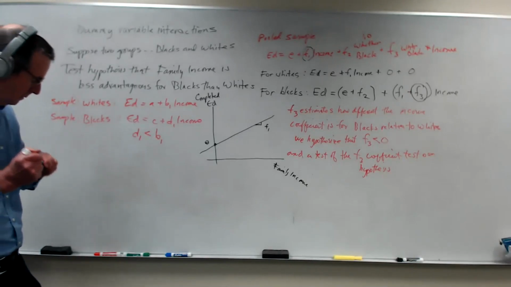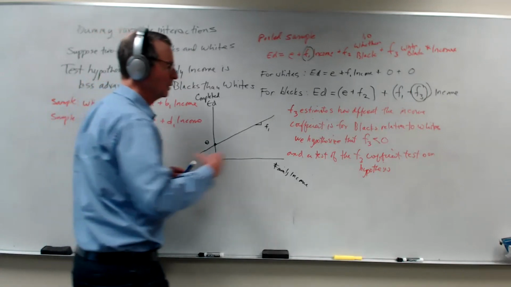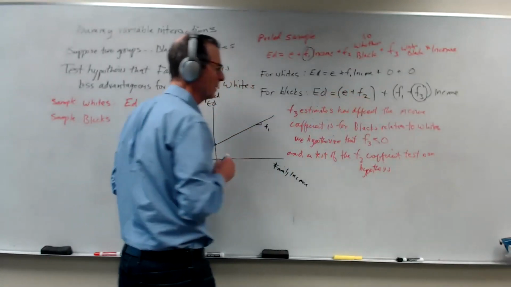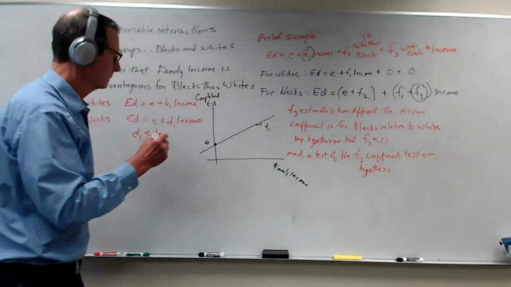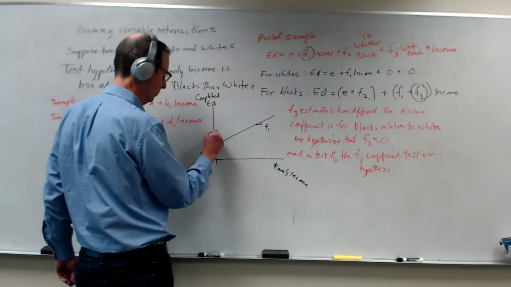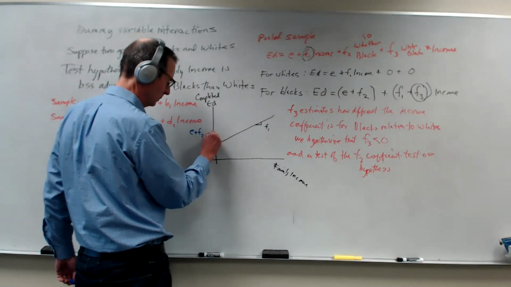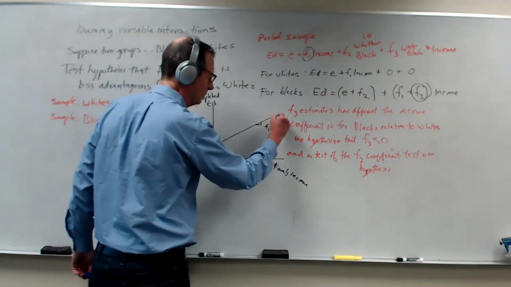And then blacks are allowed to be different both in their constant term. Let's say that F2, the shift, is positive. So this is E plus F2.